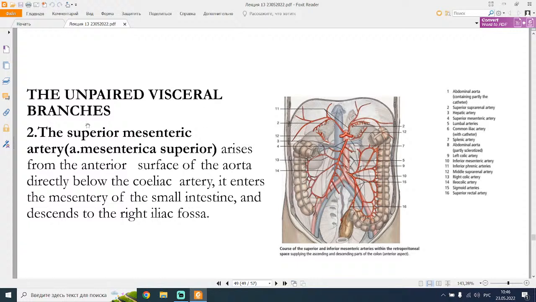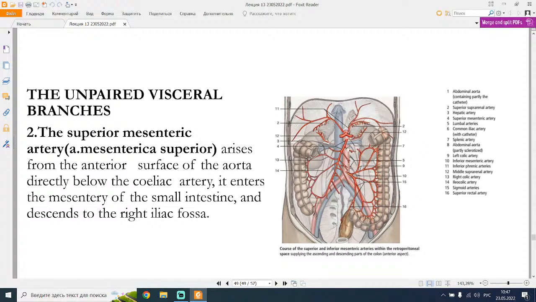Next, the unpaired visceral branches. The superior mesenteric artery, arteria mesenterica superior, arises from the anterior surface of the aorta, directly below the truncus celiacus.